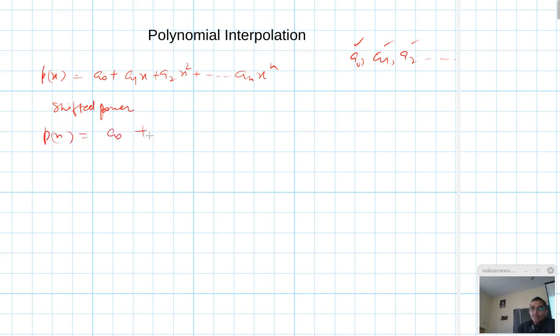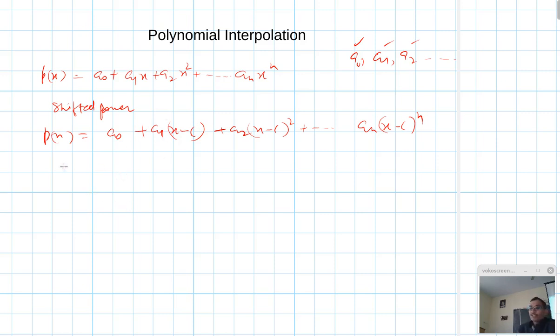It is a0 plus a1 (x minus c) plus a2 (x minus c) square and so on, an (x minus c) raised to power n. Here c is any point, a constant value, meaning this is shifted. This is another way to look at it, and the shifted power form can also be generalized.